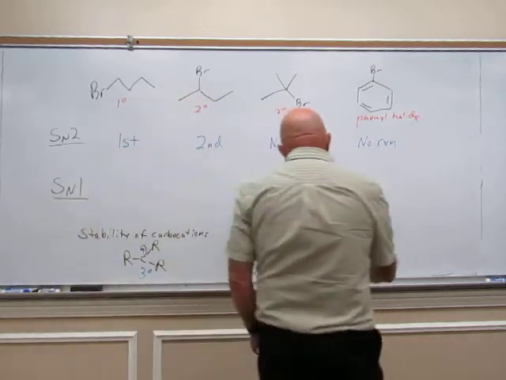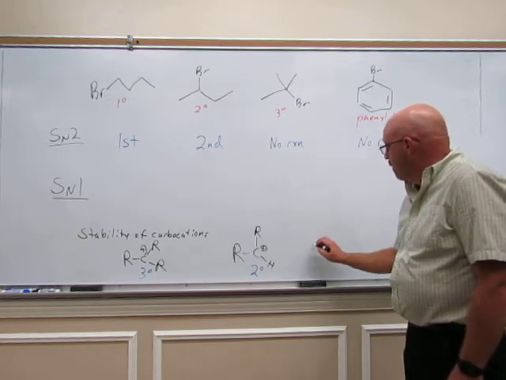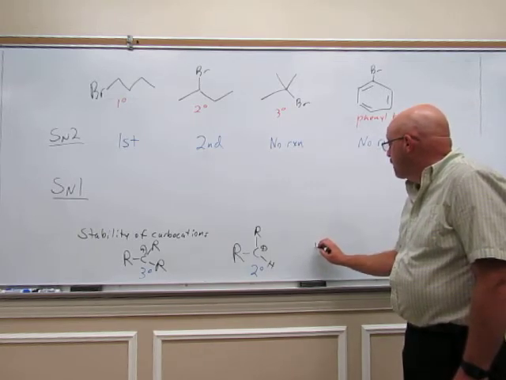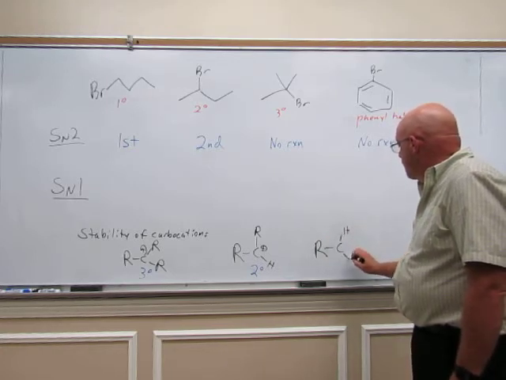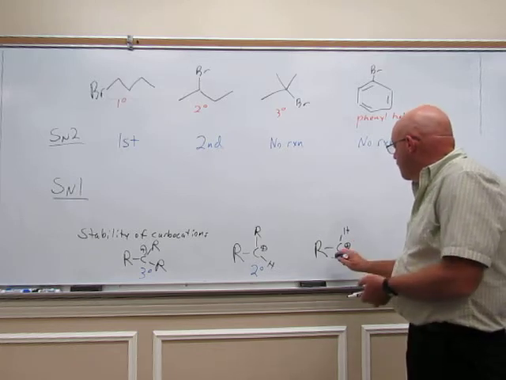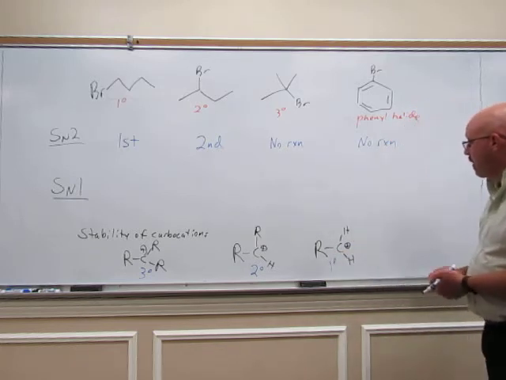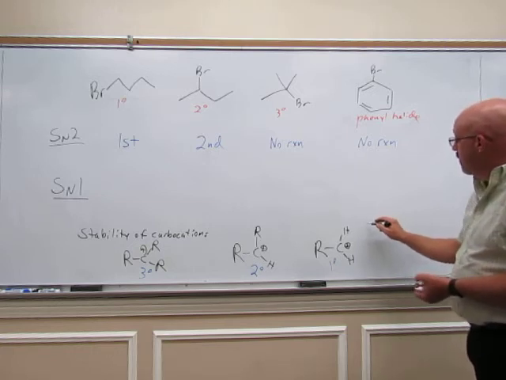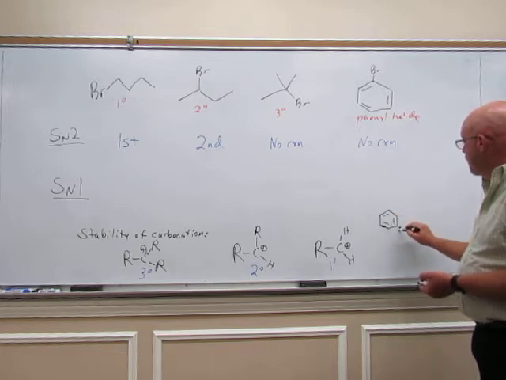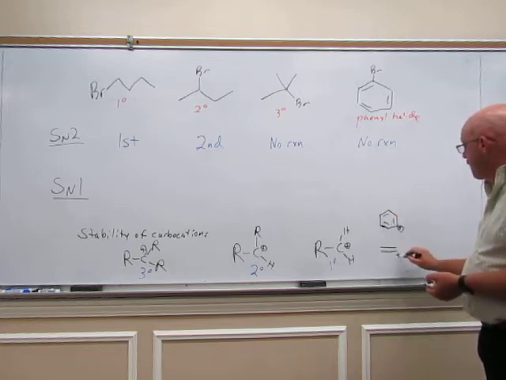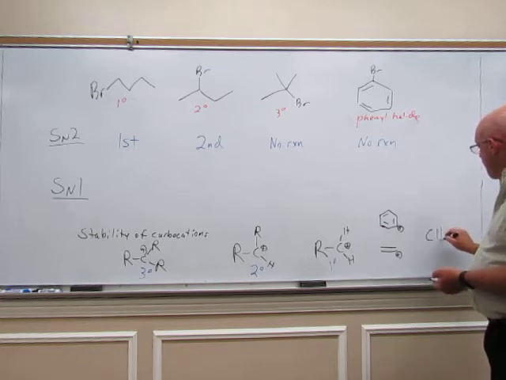We said secondary is more stable than a primary carbocation, and primary is a little bit more stable than a phenyl cation or a vinylic cation. And those are more stable than a methyl cation. Methyl cations do not exist.